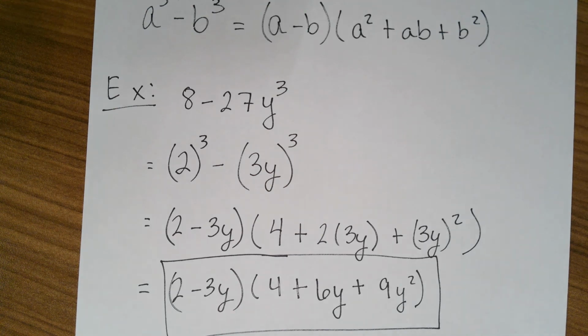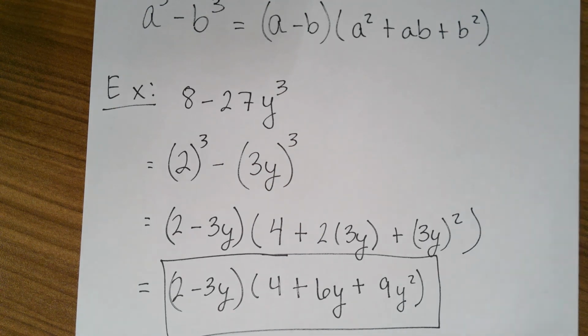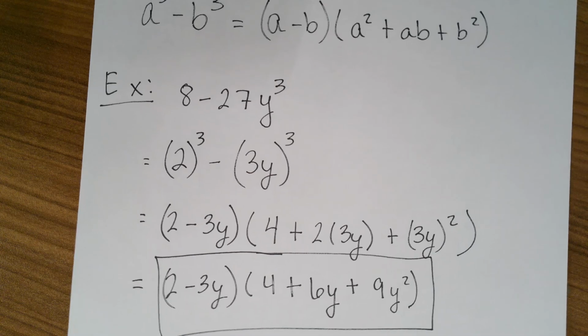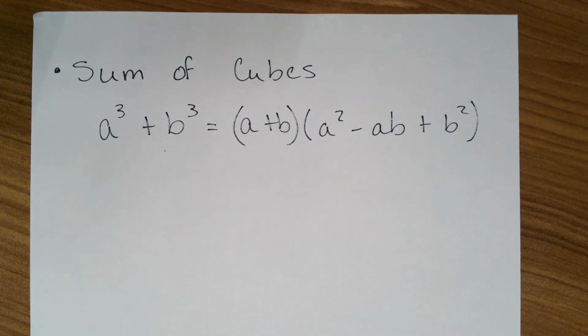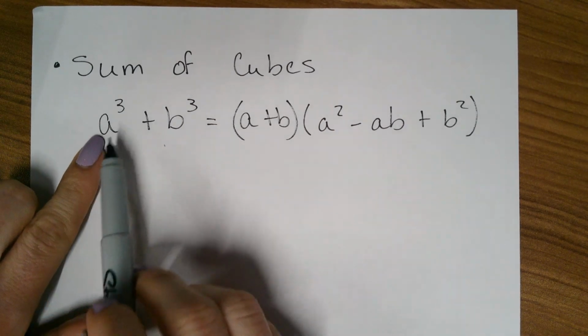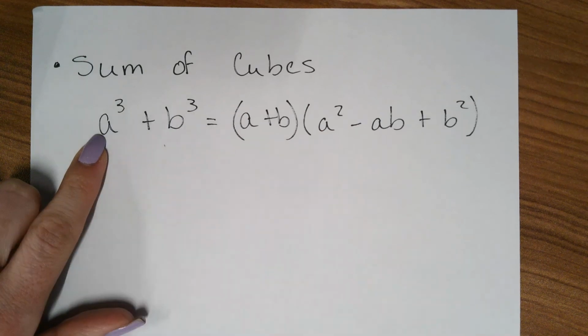And so like I said at the beginning of the video, there are 3 different special cases in factoring. There was the difference of squares, the difference of cubes, and we also have the sum of cubes. And just like the previous two, works exactly the same way, as long as you can identify that is what's happening. So we just have something cubed plus something else cubed.